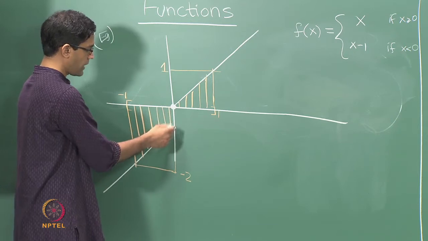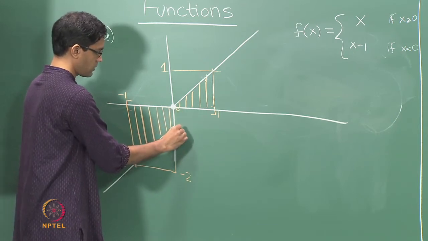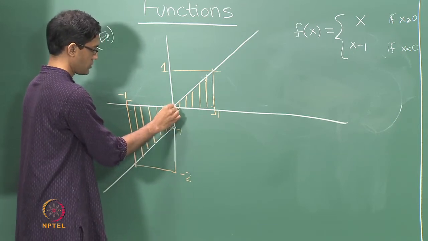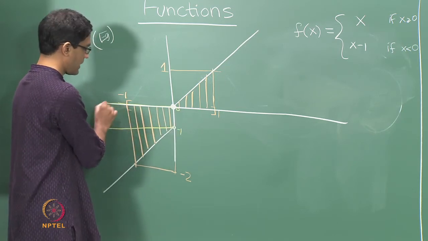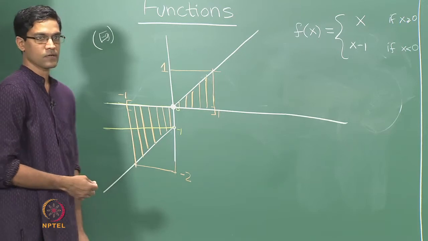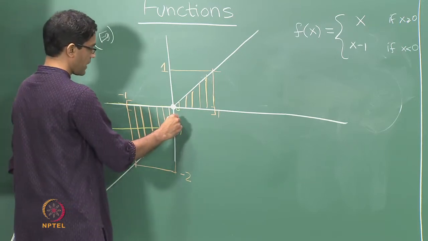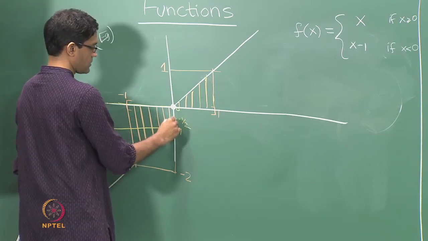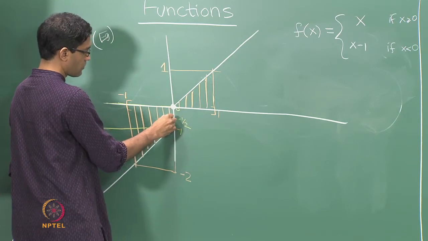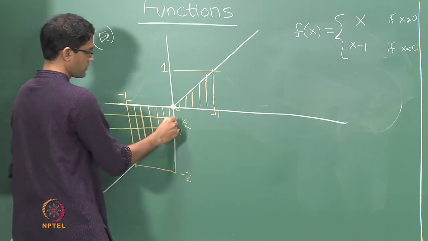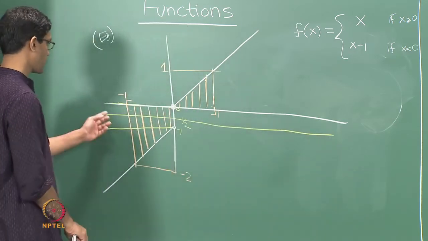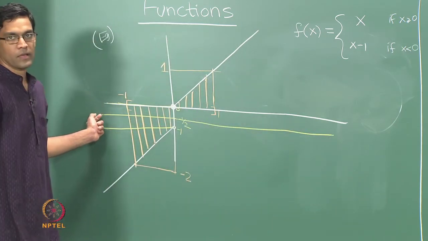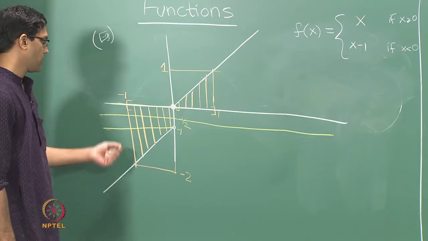The values of y between 0 and -1, so you take any y value between 0 and -1, those y values are never attained by this function in this interval. Okay, so for instance if I take y equals -1/2 and ask, well, what value of x would possibly give me a value of -1/2, so I just draw this horizontal line and ask, does this horizontal line meet the graph of this function at all? Okay, and I find that of course it doesn't, right.